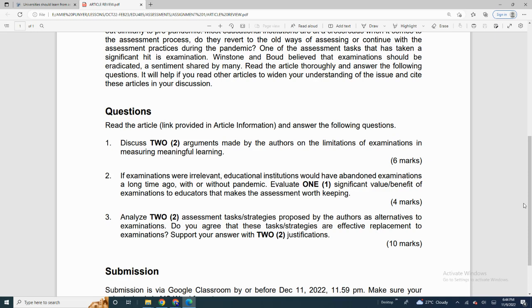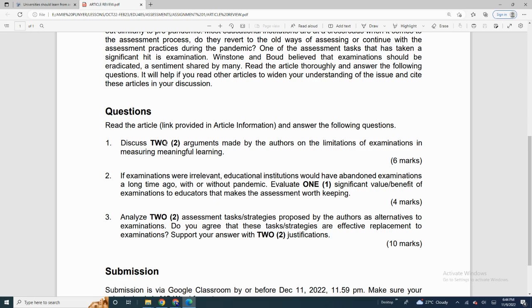Okay, so generally, when the question asks you to discuss two arguments, evaluate one significant value, or support your answer with two justifications, this should be an indication of the number of paragraphs expected for each question.